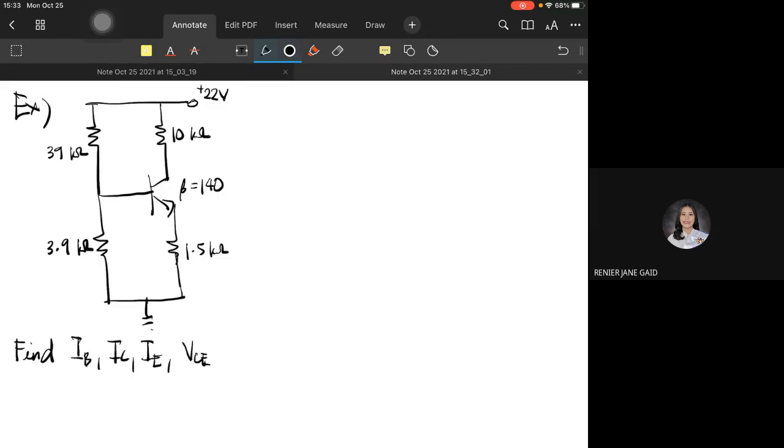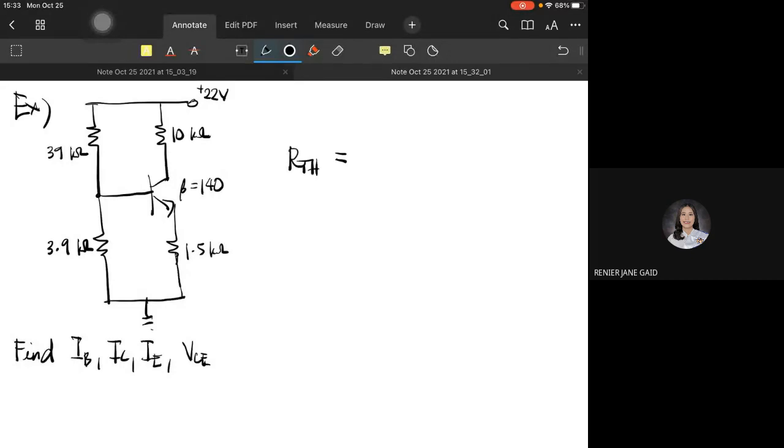So first, I won't redraw the equivalent circuit, we will just use the formulas. So first is RTH.